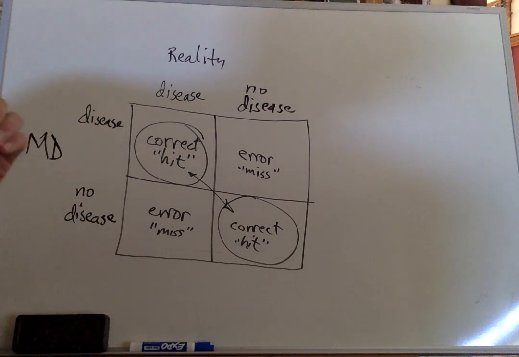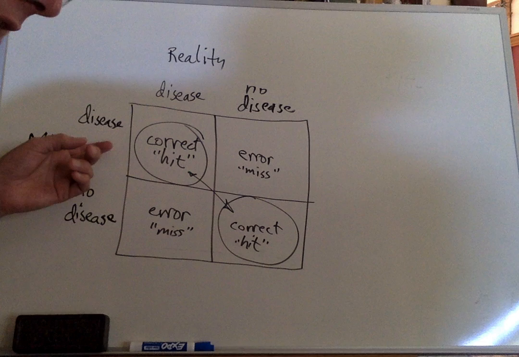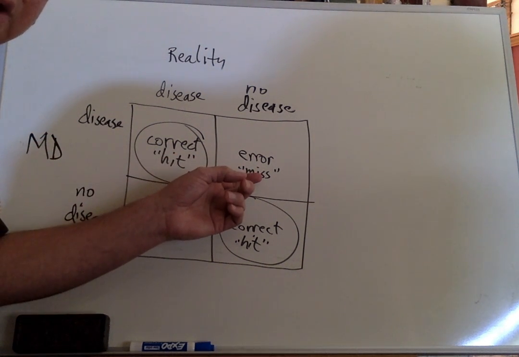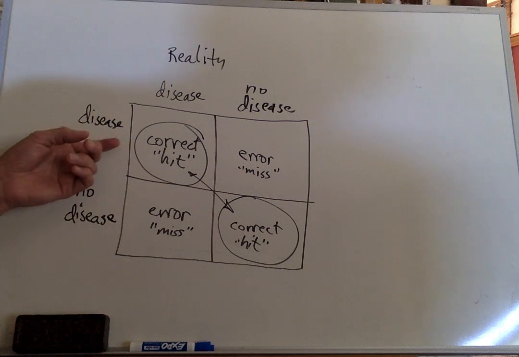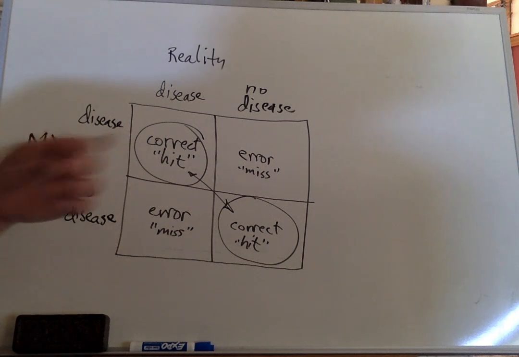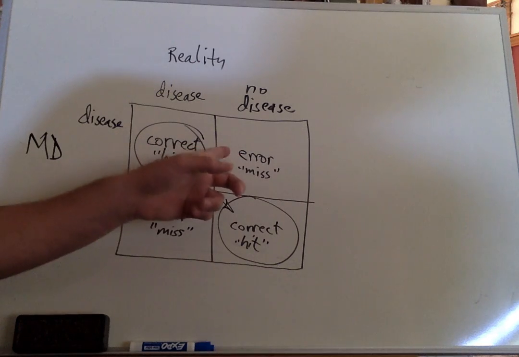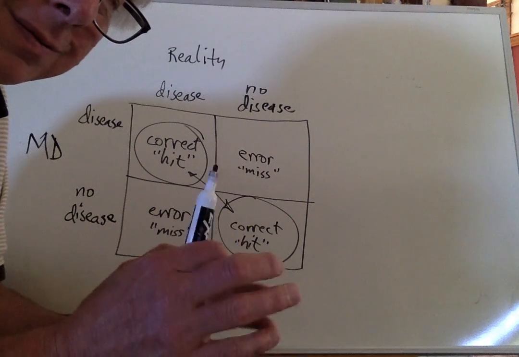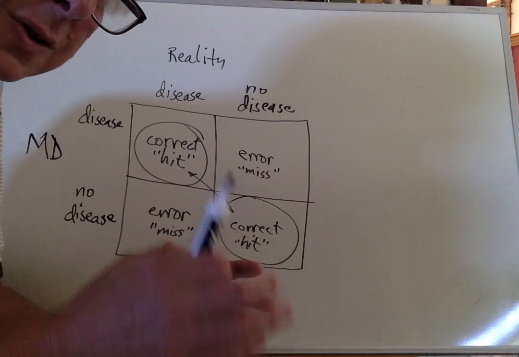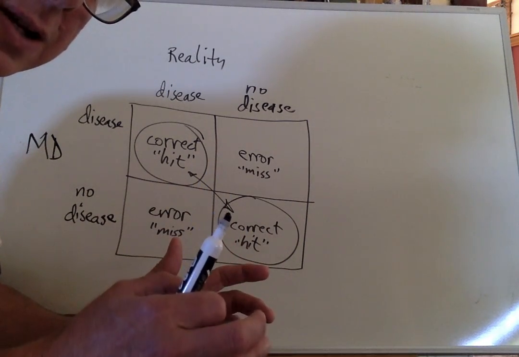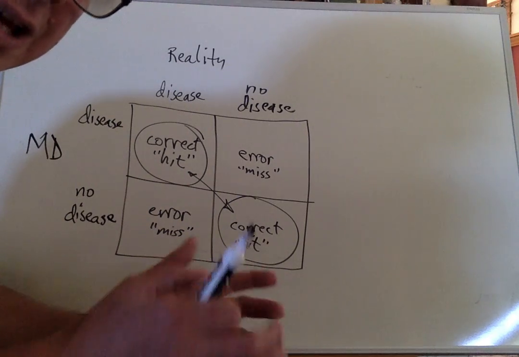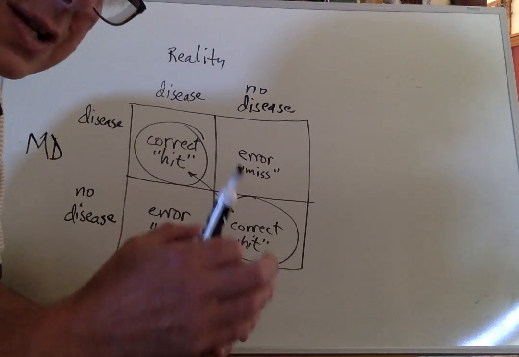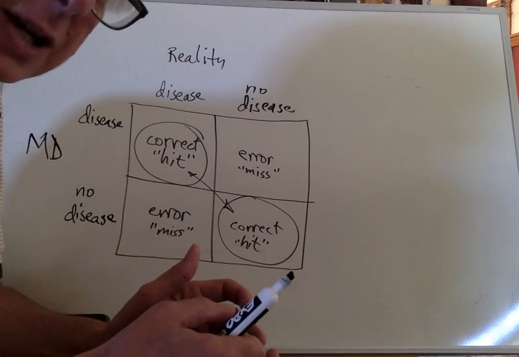Well, I would rather have the doctor tell me I have the disease and later find out I don't. I would rather have the doctor say, I think you have this disease, we'll start the medication, but you really don't. Okay, cool. Now, it gets a little more difficult to identify the better error when you have cancer, for example, because the treatment for cancer is pretty serious stuff and it can cause its own complications.